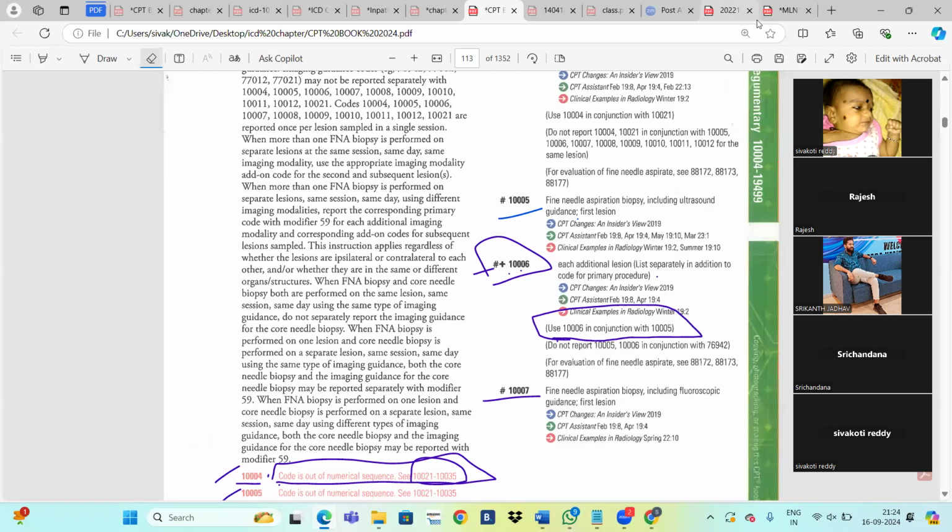If they mentioned open or scopy, check. If they mention scopy, code the scopy-related procedure. If they've done open, you can code open. If they performed an open cholecystectomy and you coded a laparoscopic cholecystectomy, it would not be correct, right? If they performed open, you need to code only the open-related procedure.